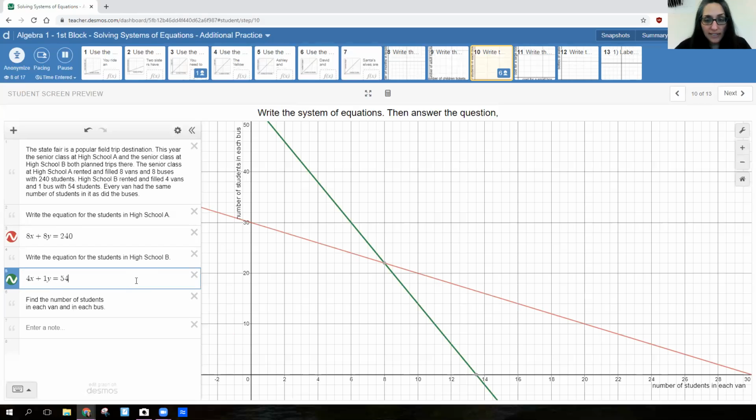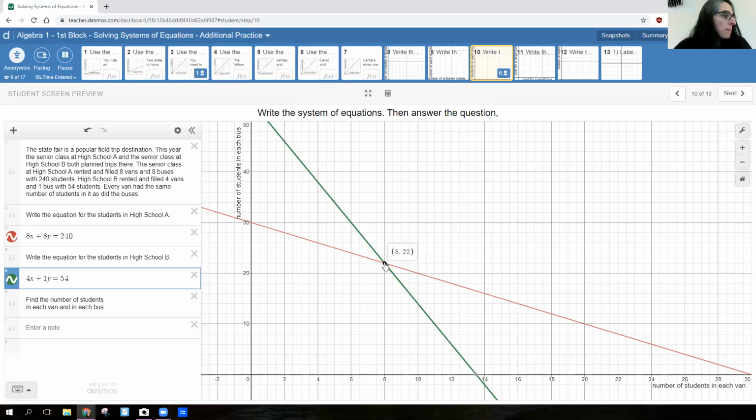You should have a system. Find where they intersect, and then type in line 7 down here how many kids are on each van and each bus. So right about there, I'm getting 8 comma 22. Hopefully y'all are getting the same.